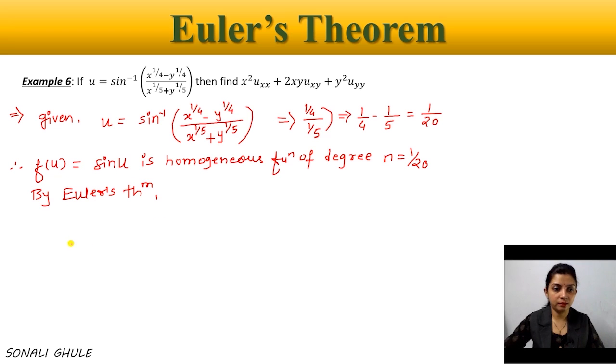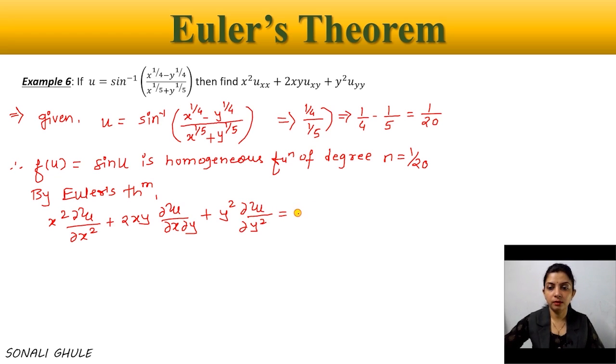what can we write? Yes, we can write here for the second order relation: x square dou 2u upon dou x square plus 2xy dou 2u upon dou x dou y plus y square dou 2u upon dou y square equals g of u in bracket g dash of u minus 1.